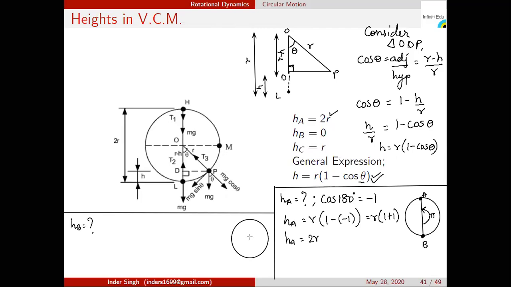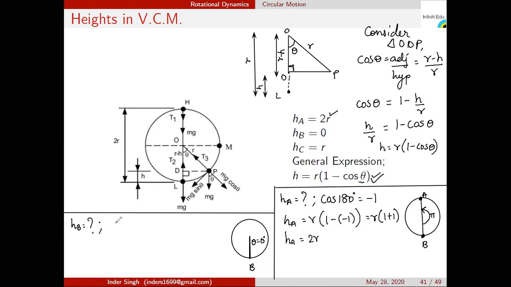What is the given angle? We have to measure from this B, and the final thing is again the same, B. So the initial and final positions are the same, so theta will be equal to 0 degrees.